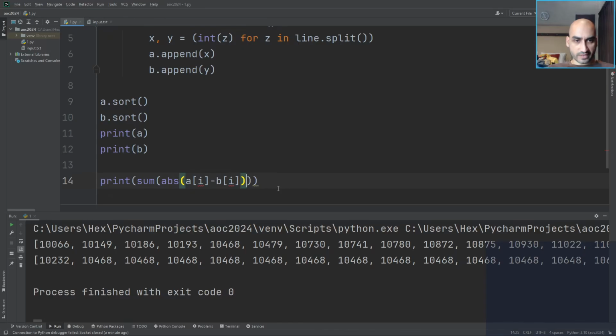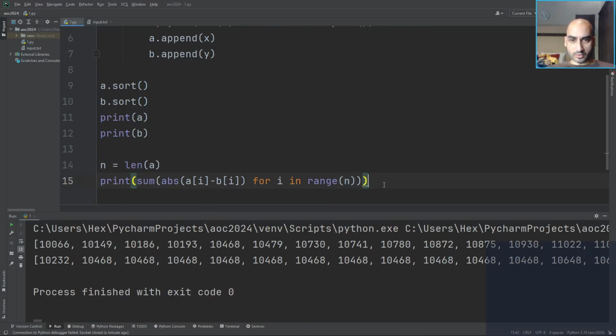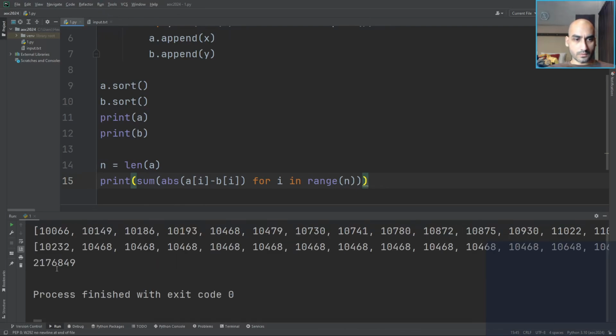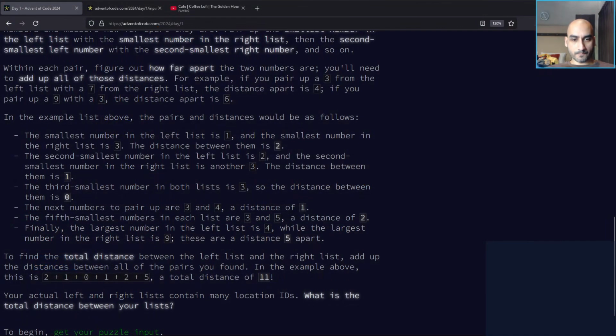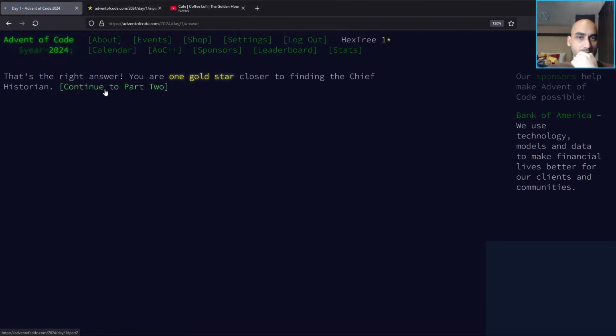So we want the absolute value for i in range. Just for convenience, we can say n equals length of A, because we might need to use that variable again. So is that the answer? Let's just try it then. Correct.